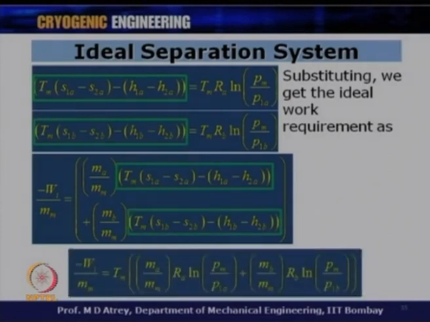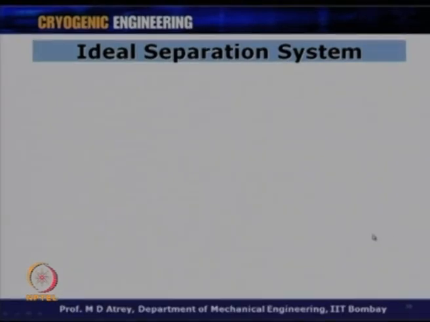So, I get Wi upon mm is equal to Tm into Ma upon mm times this entire term, which gets replaced by Ra into log Pm by P1A, plus Mb upon mm comes over here, and this entire term of enthalpy and entropy difference gets replaced by Rb log Pm by P1B. So, my expression becomes very simple, and now I would like to understand what my Pm upon P1A is, what my Ma upon mm is. I would like to understand those quantities.